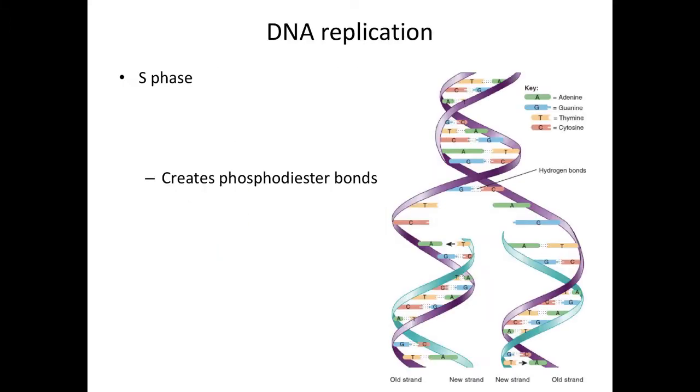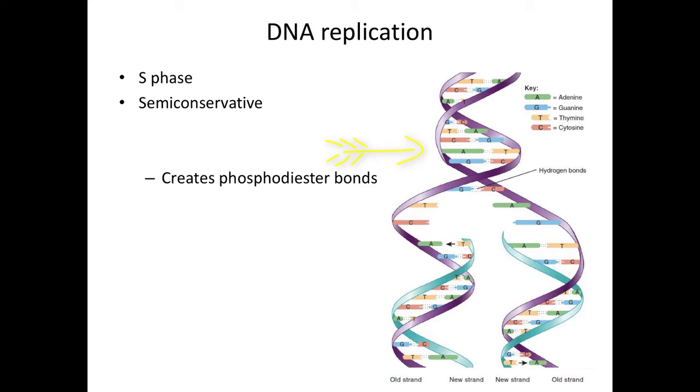DNA replication happens in a semi-conservative manner. Semi means partial or half, and conservative or conserved means unchanging. So instead of just making a straight up copy, like a Xerox copy of the DNA, we're going to retain half of the old DNA and use it to make a new strand of DNA for every chromosome. You can see here that the old strand is purple.